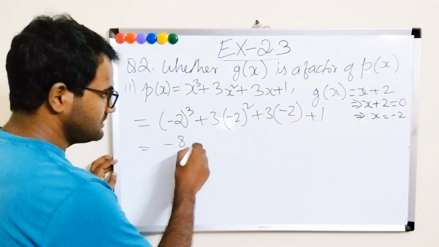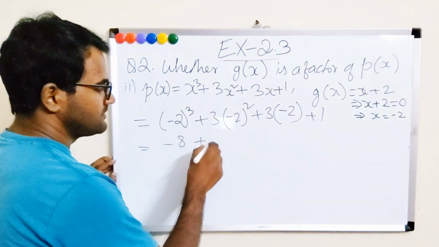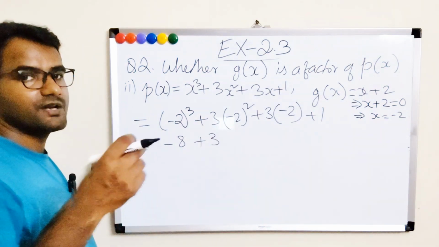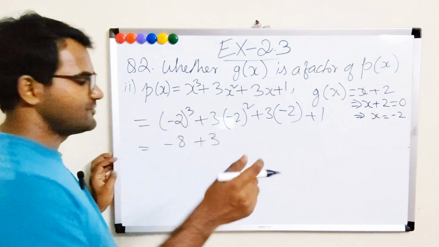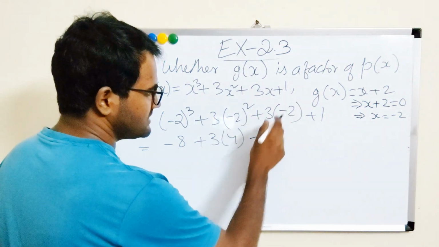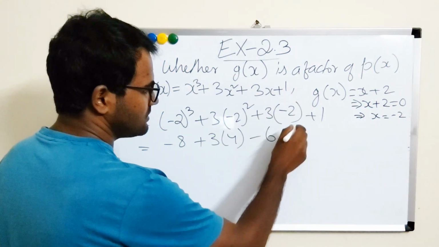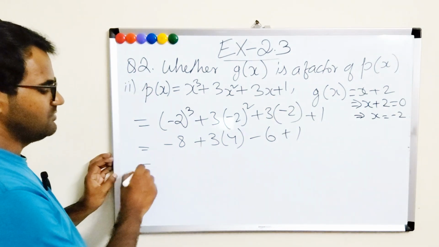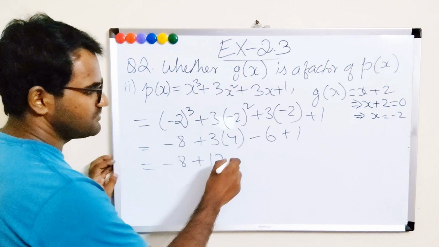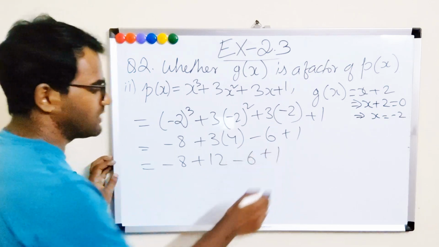Minus 8 you will write here, then plus here 3, then this one, minus 2 into minus 2 is what? Plus 4, right? So you get here 4, then plus into minus is minus, then 3 into 2 is 6, plus 1, right? Now minus 8, then plus into plus is plus, that means 12 minus 6 plus 1.